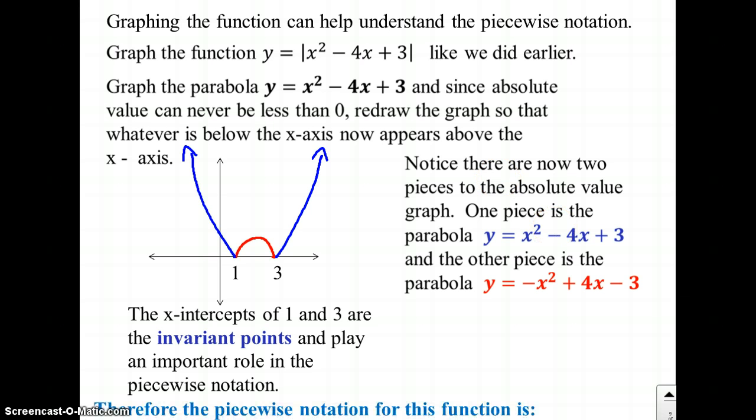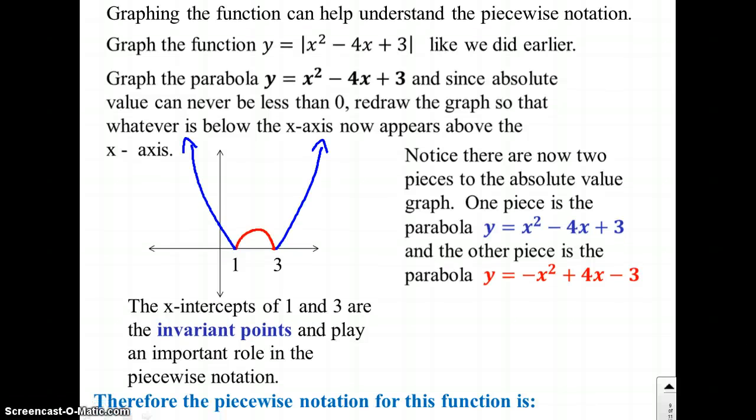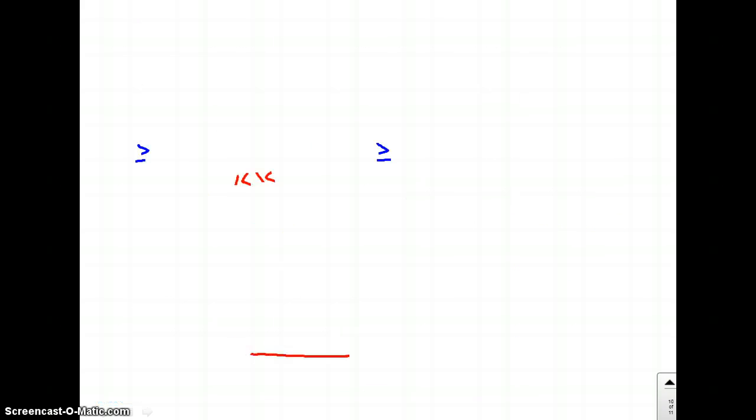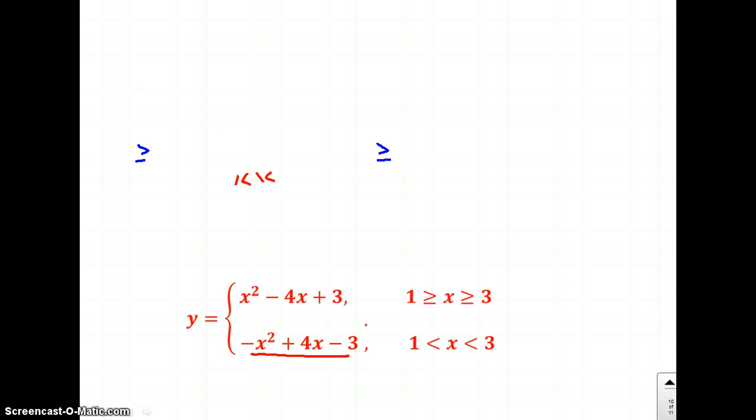So piecewise notation for this function. Like we said, you write those two equations and make sure you identify the restrictions on the variables. All right. There it is.